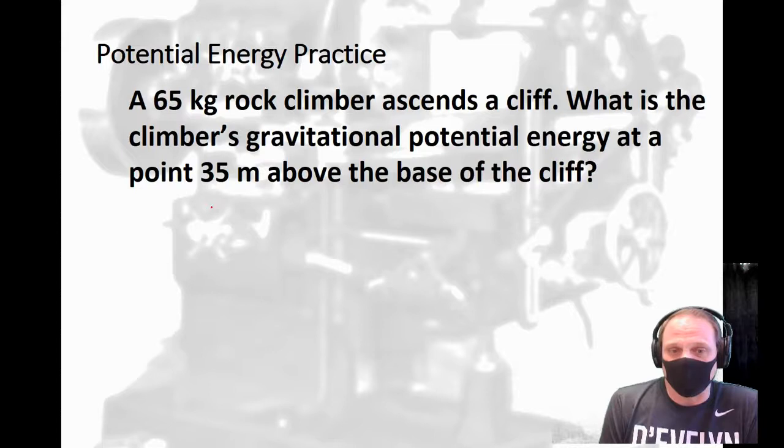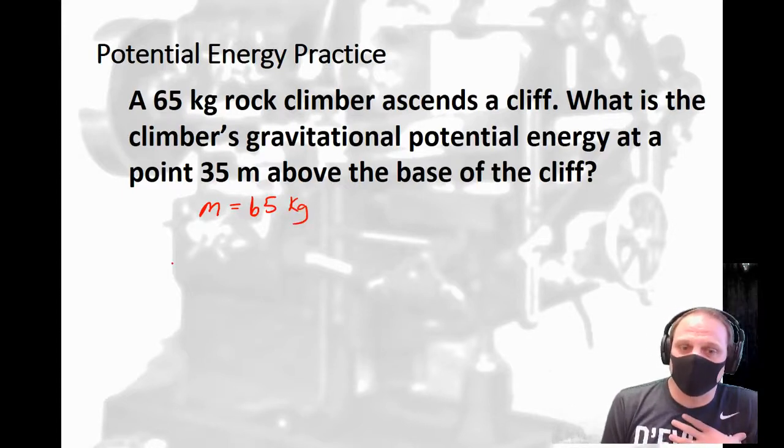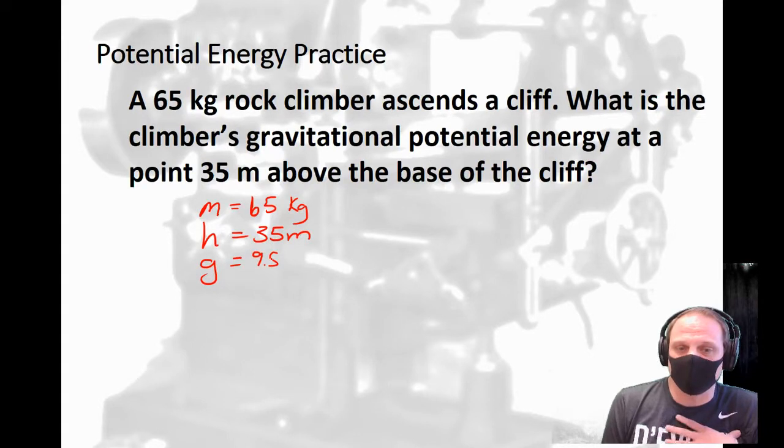So I've got to say my mass is equal to my number of kilograms, right? So it's 65 kilograms. And then my height is equal to 35 meters. And then we've got a g that we know we've memorized is 9.80 meters per second squared.